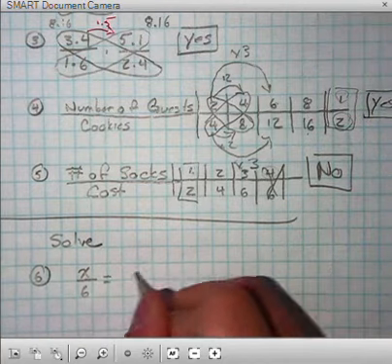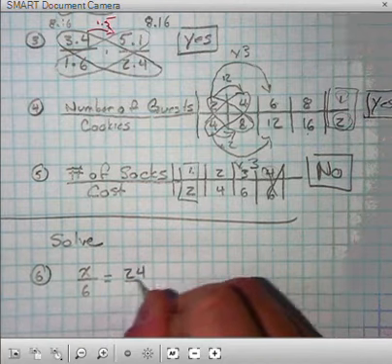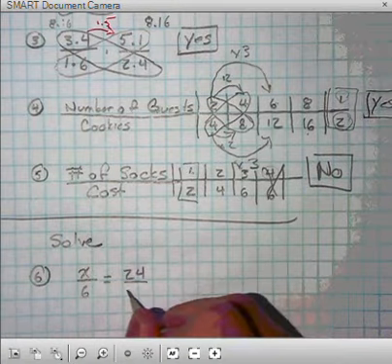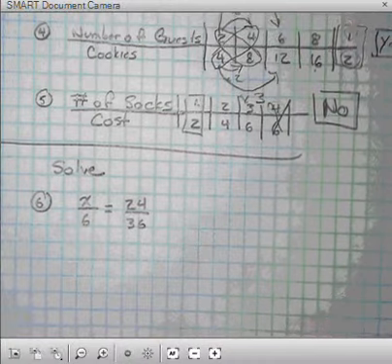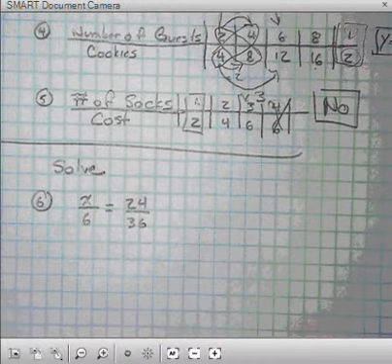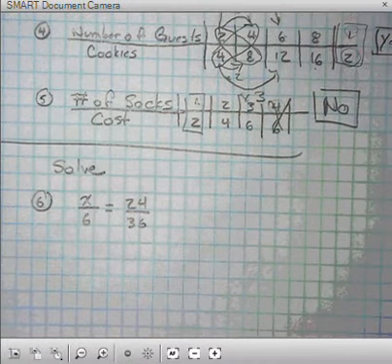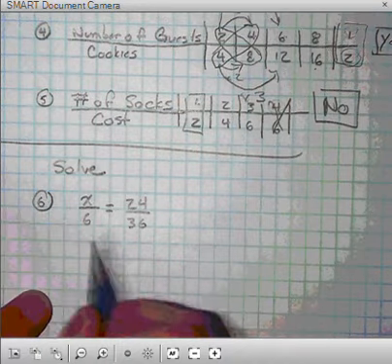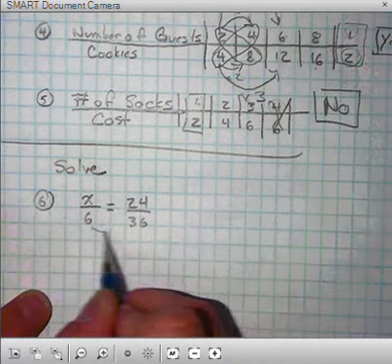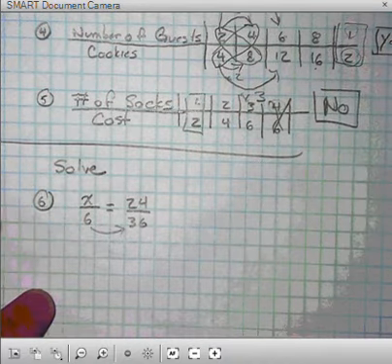You probably remember doing this last year. So solving for proportions. We're going to use some of the same skills that we used up there at the top in order to solve for these unknown variables. One way is to figure out that factor.